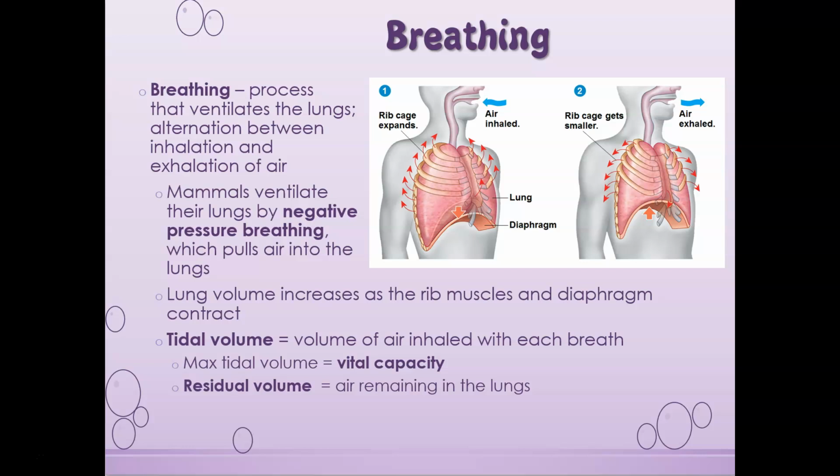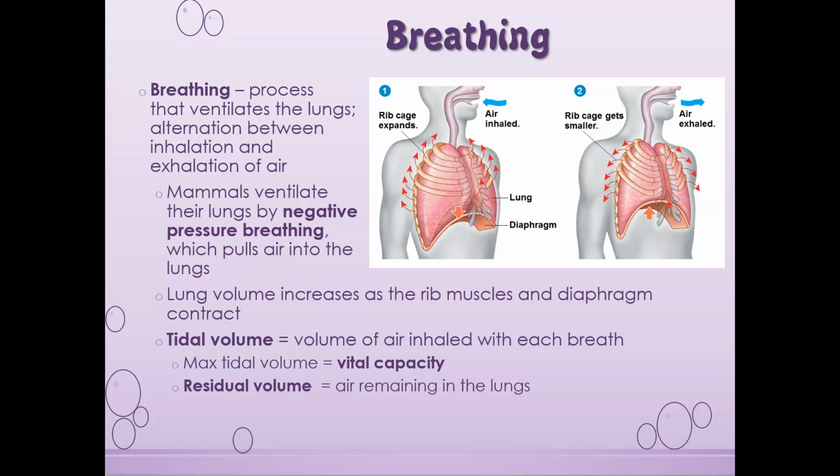When we talk about mammals like us, our ventilation system works by a negative pressure breathing system, in which we're looking at a pressure differential between the pressure inside your lungs as opposed to what's outside your body. That negative pressure breathing means that there's less pressure in your lungs as you breathe in.